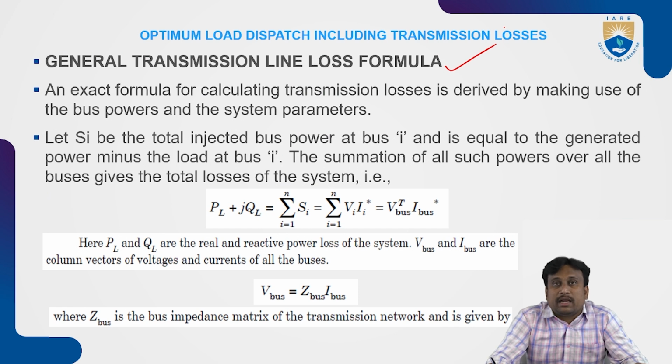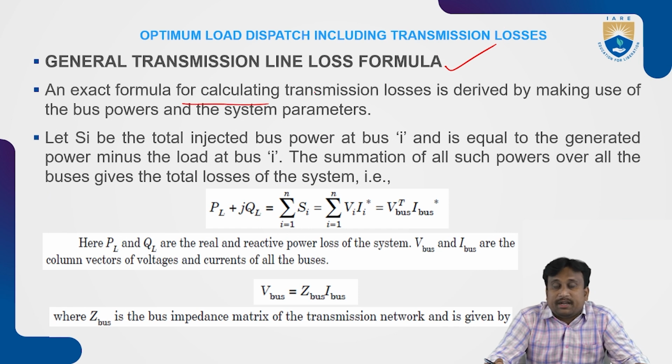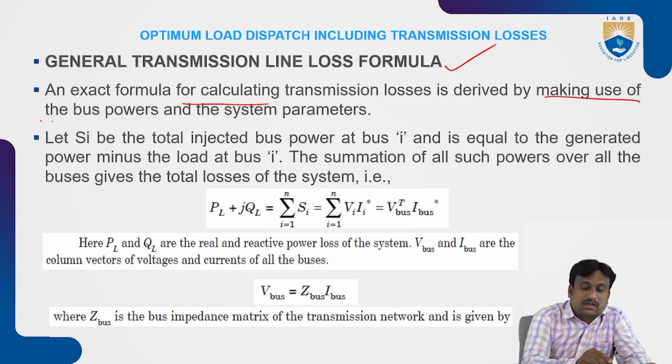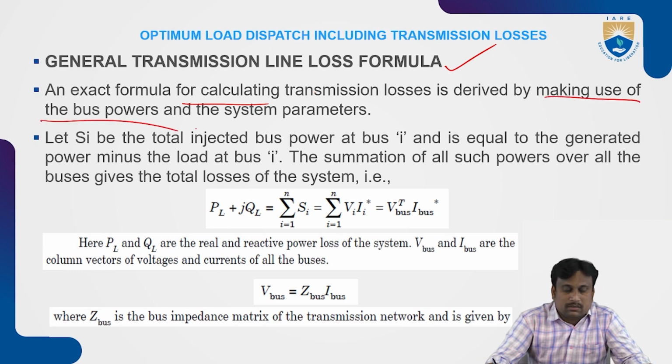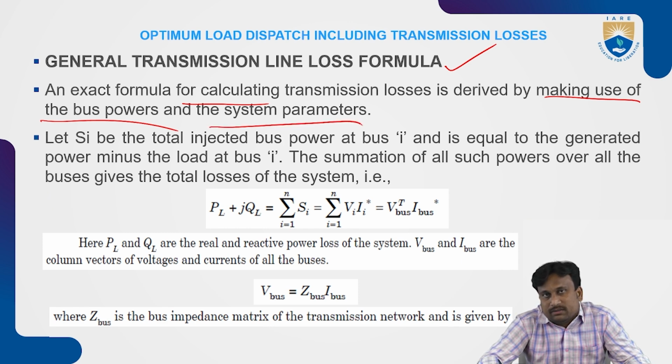General transmission line loss formula. An exact formula for calculating the transmission losses is derived by making use of the bus powers. That means it also considers the system parameters.